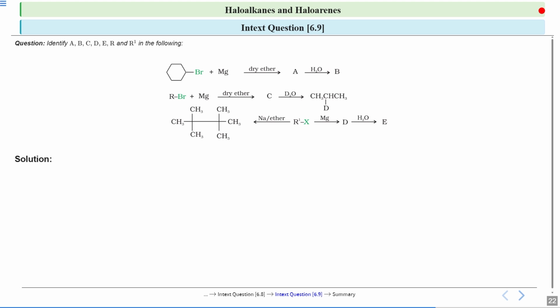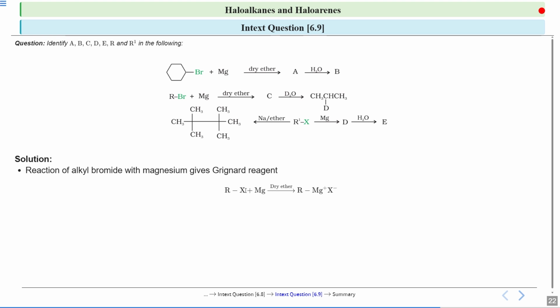Okay, so for this question, the reaction of an alkyl bromide with magnesium gives a Grignard reagent. If you react any alkyl bromide with magnesium in the presence of dry ether, you will get a Grignard reagent, RMgX. Remember, we have studied this. So any RX, when reacted with magnesium in dry ether, gives RMg positive, X negative.